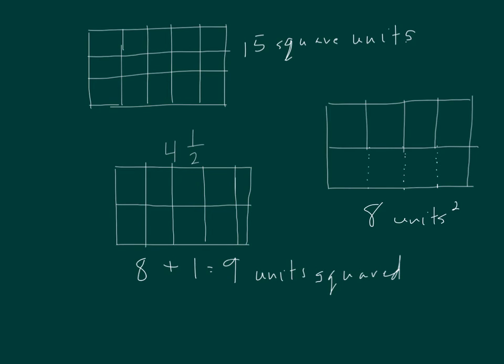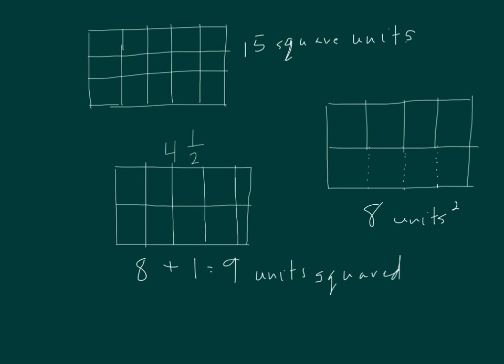So there's a brief introduction to area. The big thing I want you to remember is that whenever we're measuring area, we're thinking of squares. If you have a tile floor at home, those squares are a good example. Or the picture on the first page of the farmland with the squares. Area is always measured using squares.